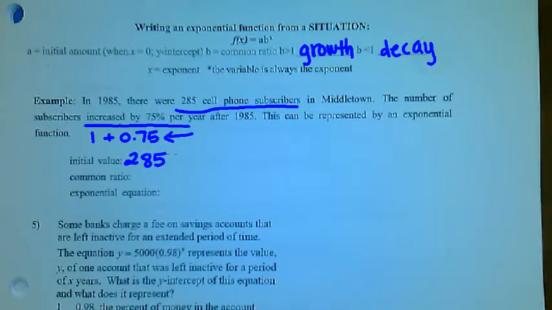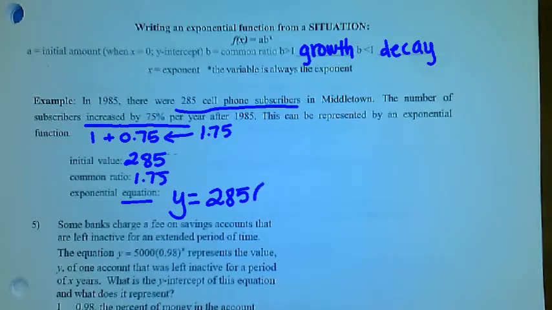So when I add that, that would be 1.75. That's my common ratio, 1.75. Okay, so the exponential equation. Again, equation means y equals, not f of x. So our initial value goes first. We put that percentage right here, and then raised to the x power.